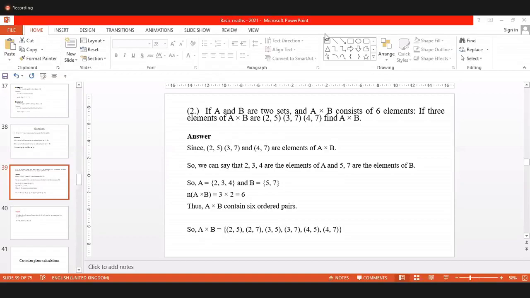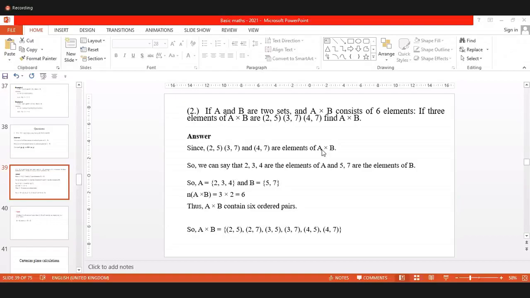In the question, they say that there are 6 elements, but they have given 3 already. So we have to find the other 3, and with using these 3 elements, we can find the A pair and the B pair. First we have to multiply the x value by the x value of the B pair.